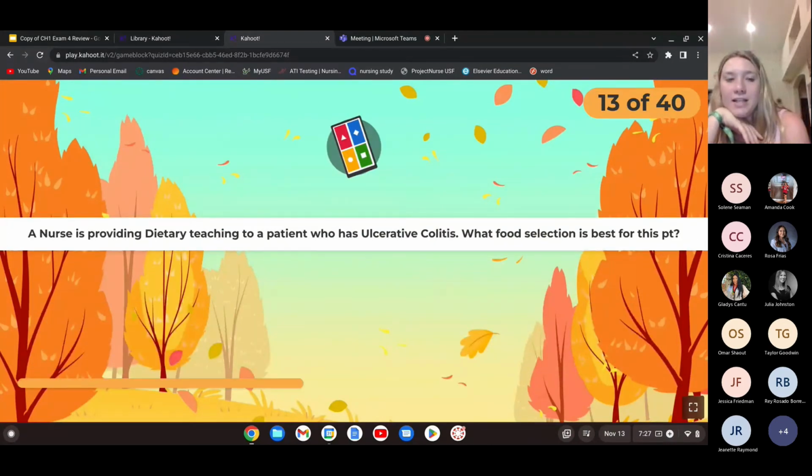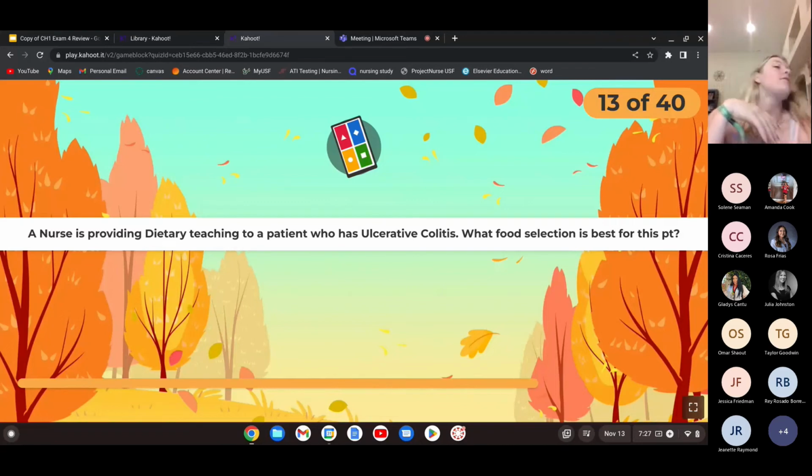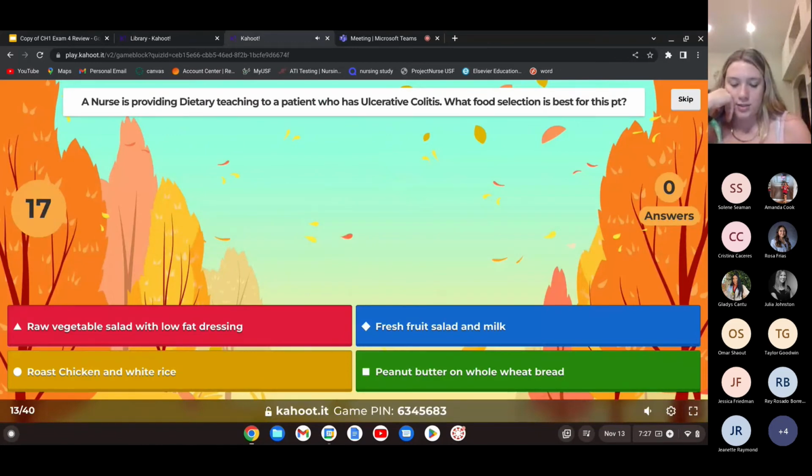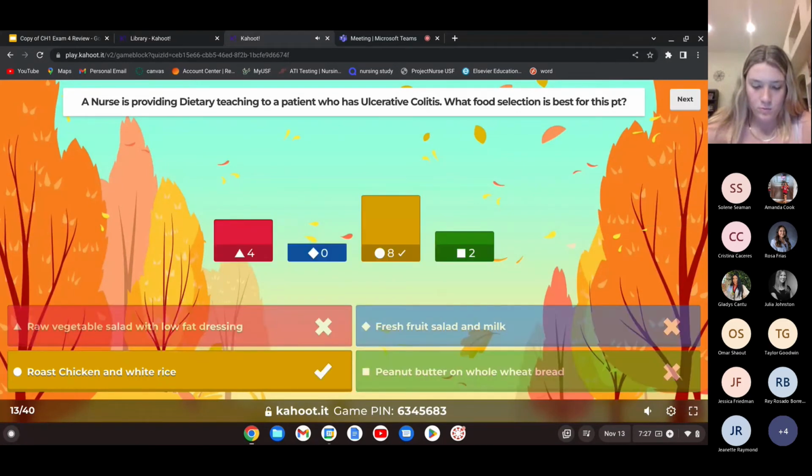A nurse is providing dietary teaching to a patient who has ulcerative colitis. What food selection is best for this patient? All right, yep.